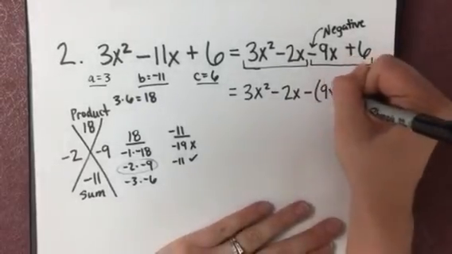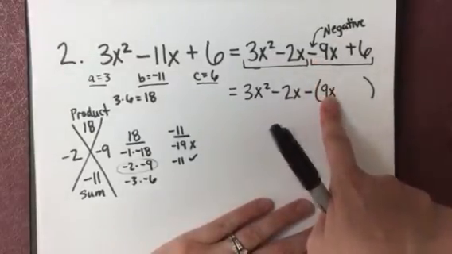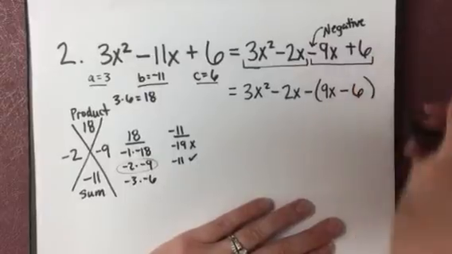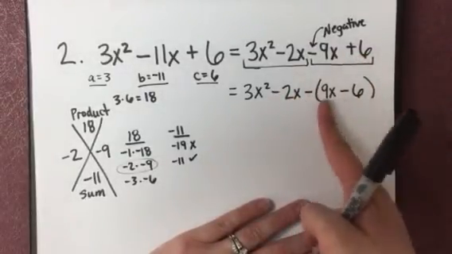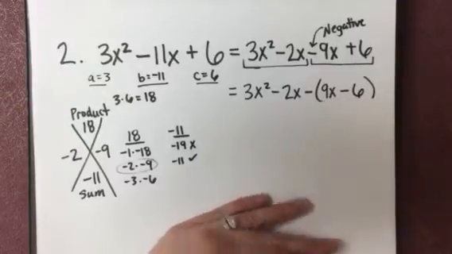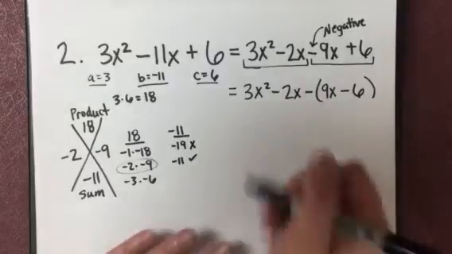So this is going to become a positive 9x. Opposite of negative is positive. And this becomes a negative 6. Opposite of positive is negative. We factored out a negative, so it makes your signs become opposite of the original problem, just in that second group. Now let's factor the groups.